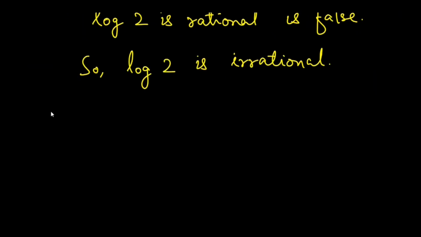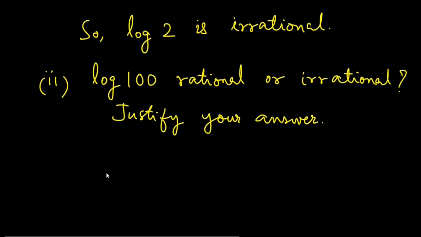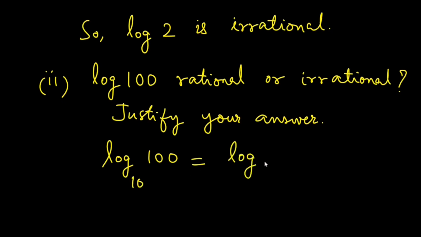Now the second one in the ninth question: is log 100 rational or irrational? Justify your answer. Here the base is 10. Log 100 to the base 10 means log of 10 power 2 to the base 10, which is equal to 2 into log 10 to the base 10.